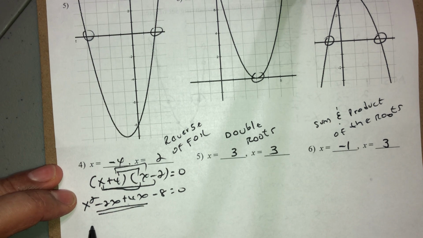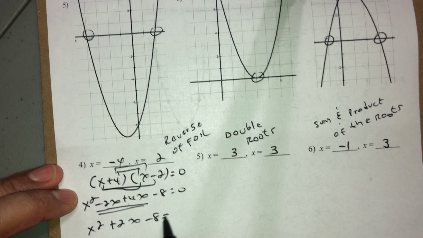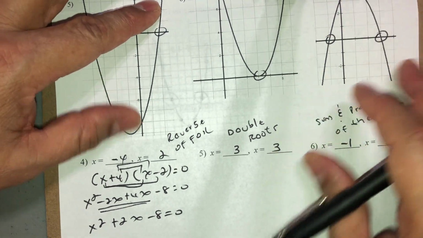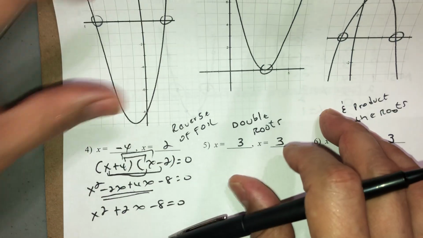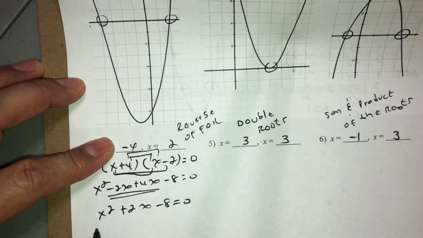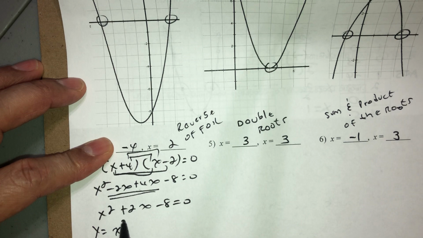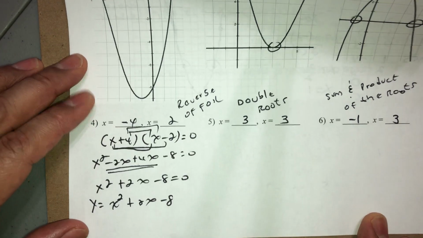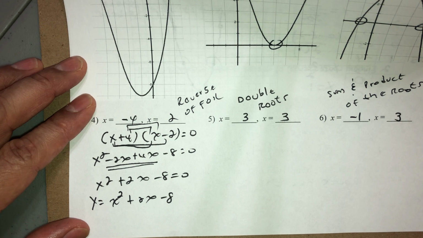Family, x squared plus 2x minus 8 equals 0. Now, there's only one thing here, guys. They ask you to write an equation, so the equation has to be y equals x squared plus 2x minus 8. So that will be the answer for that one.